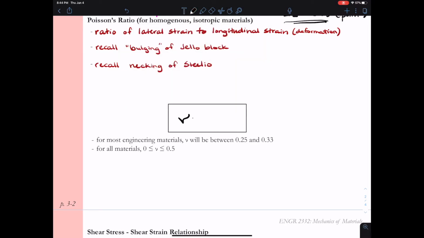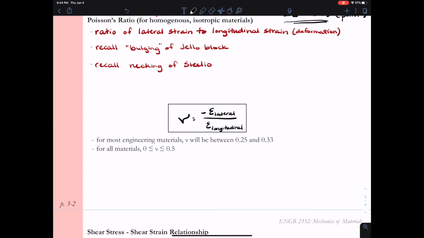It's equal to the fraction, and it's going to have a negative sign in there. Remember, Poisson's ratio is a positive number because we'll assume that if the longitudinal strain is compression, then the lateral strain will be tension.